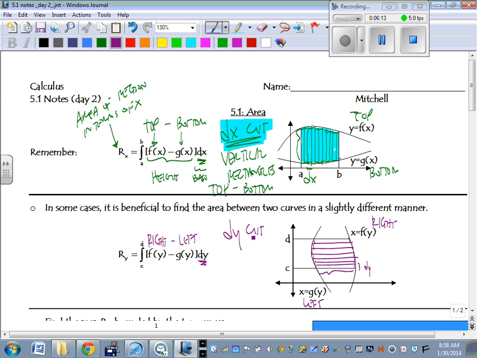So a dy cut, we are using horizontal rectangles. And we're doing right minus left. Right, bigger one minus the smaller one. And then we're going from c to d, so the lowest y value to the biggest y value. So everything's in terms of y.